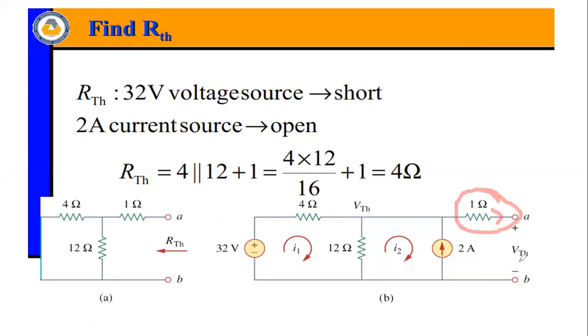So if the terminals are open like this, no current will flow in this resistor, that is the 1 ohm resistor.